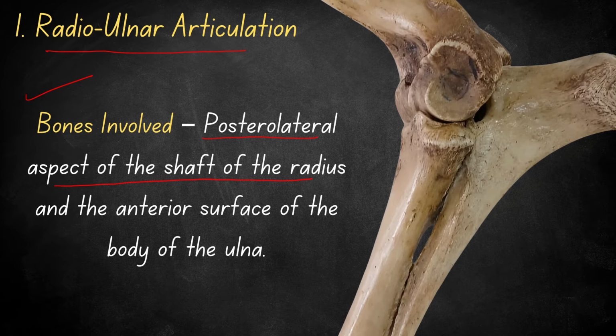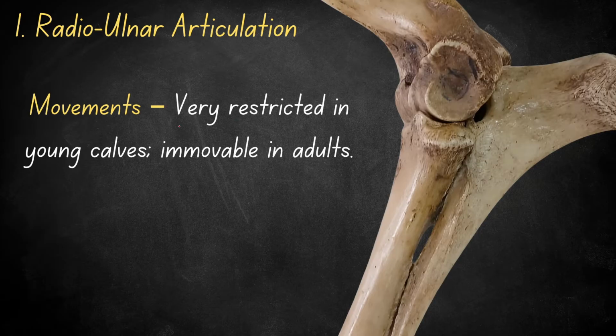So you can see that this surface is the posterolateral aspect of the shaft of the radius, and this surface is the anterior surface of the body of the ulna. Okay. So this joint is your radio-ulnar articulation. Movement is very restricted in young calves. It becomes immovable in adults.